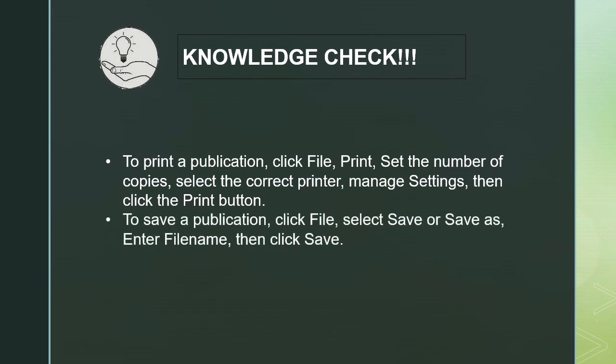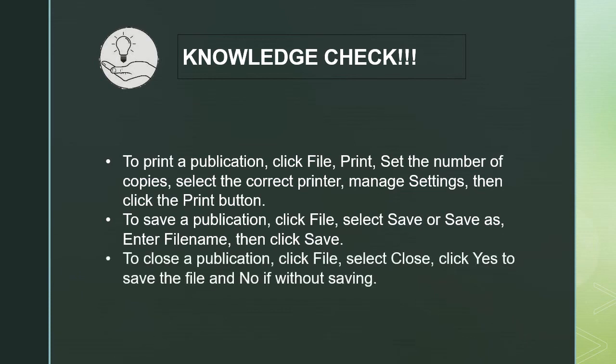To save a publication, click File, select Save or Save As, enter file name, then click Save. To close a publication, click File, select Close, click Yes to save the file, and No if without saving.